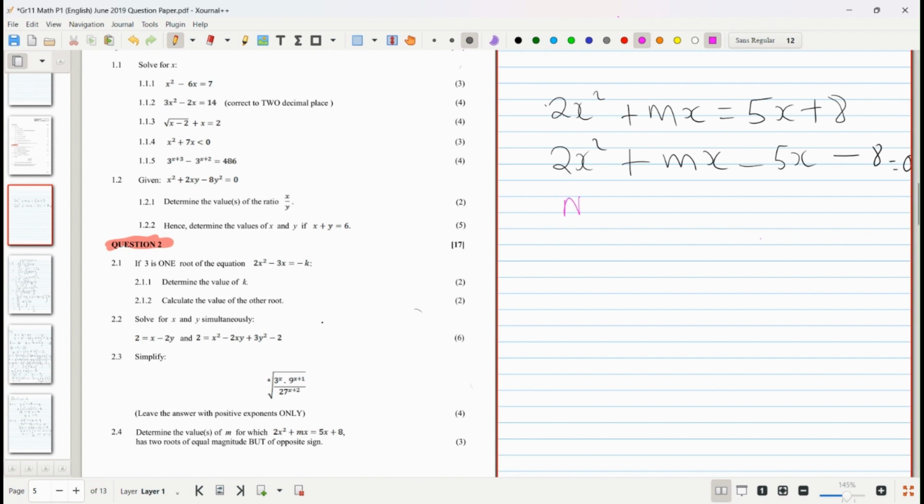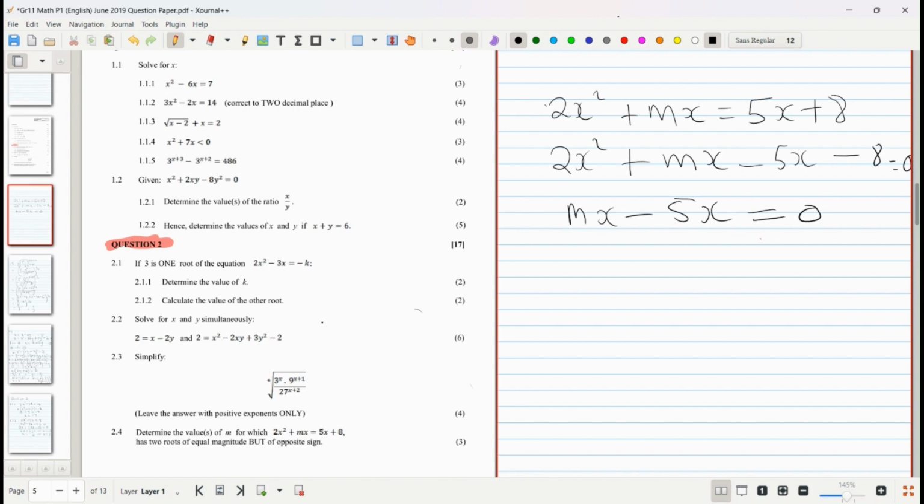So mx minus 5x will have to equal 0, because it's bx, and bx has to equal 0. So we need to determine the value of m here. We have a common factor here, which is x.